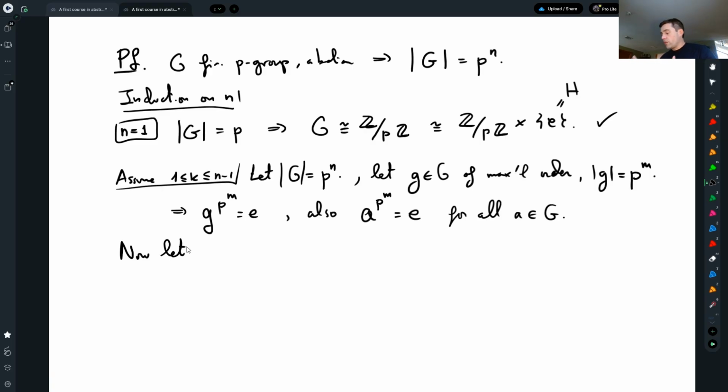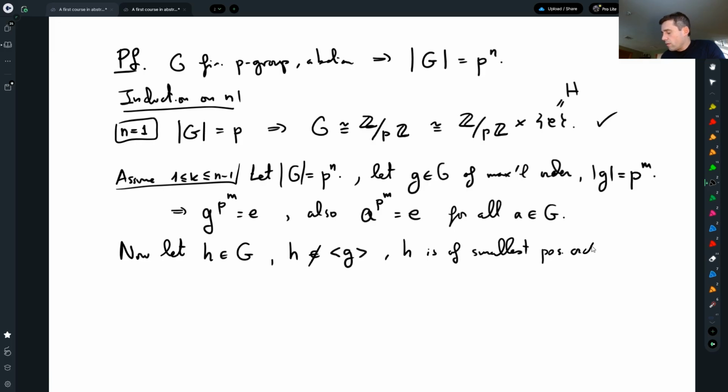Great. So now I want to construct this other subgroup H, and how I'm going to find H is as follows. So let h be in G such that h is not in the subgroup generated by g, and h is of the smallest possible order, smallest positive order bigger than 1, so not the identity, with this condition.